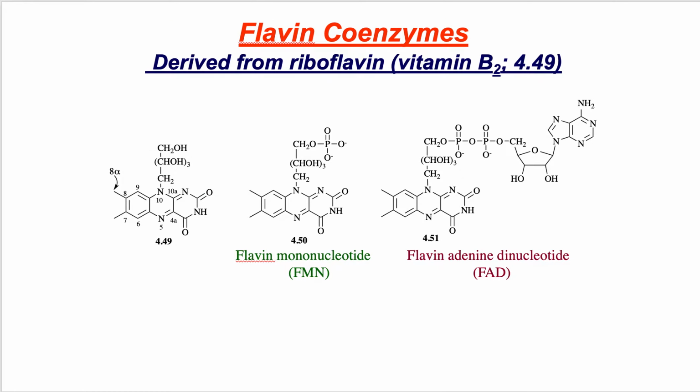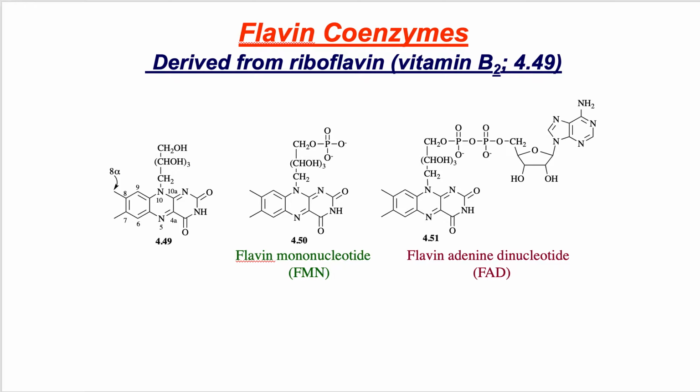So another set of coenzymes that's really important are the flavin coenzymes. So that's from the Latin word for yellow, flavus, and these pigments give both the enzymes that are yellow themselves, and also when they're coenzymes, they give the enzymes that they're associated with a yellow color as well.